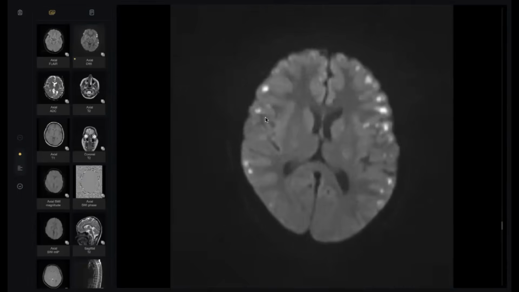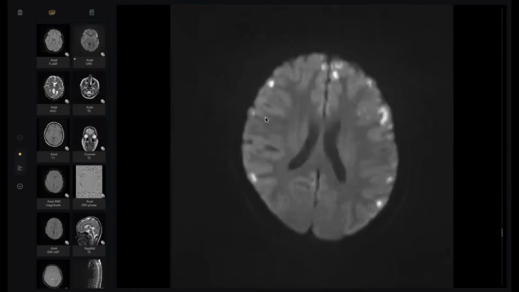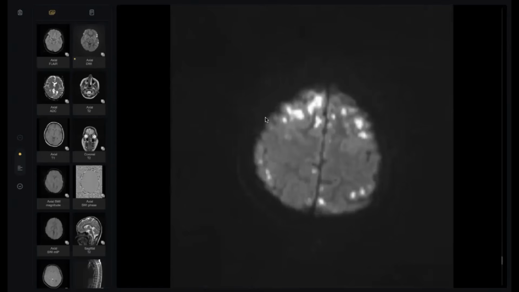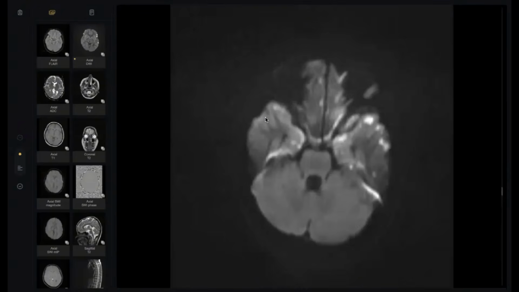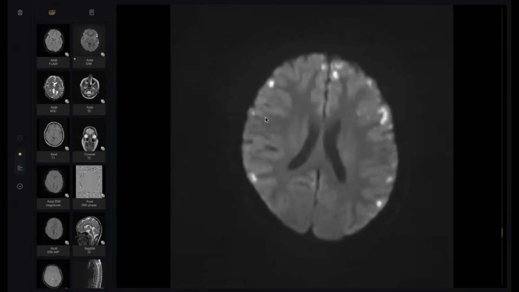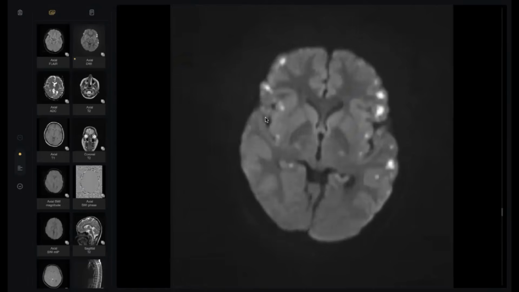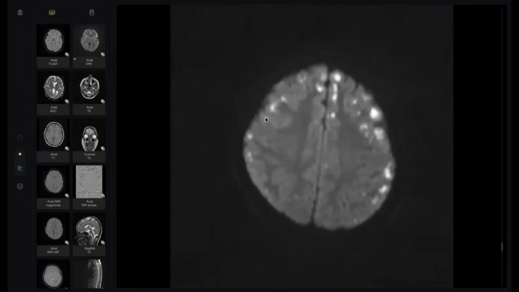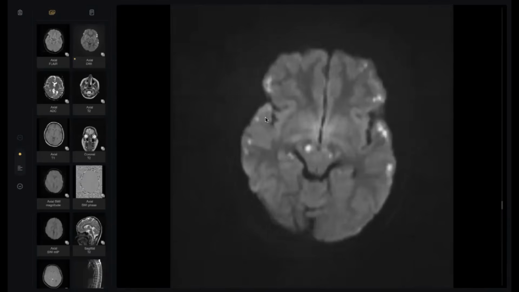I would like to go with inflammatory or infectious processes, encephalitis, could be viral. Do you think the distribution of encephalitis will be symmetrical like this, well organized in a specific subcortical location, rather than random?